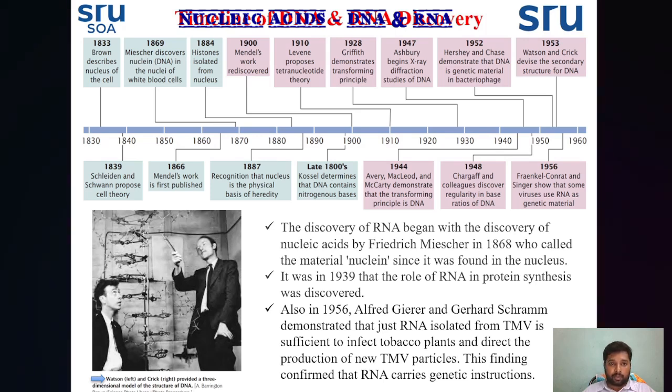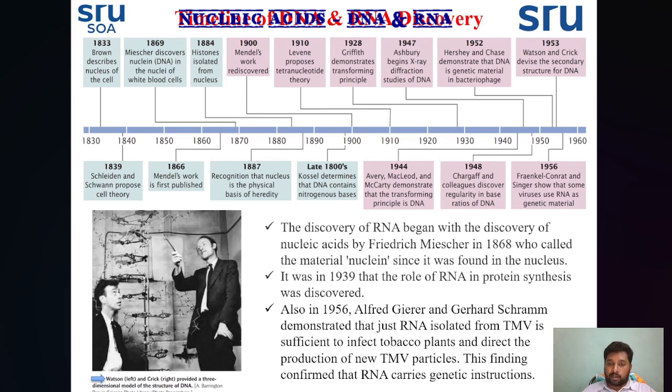Majorly, in 1869 Frederick Miescher discovers the nuclein in the nuclei of white blood cells, and then Griffith demonstrates the transforming principle in 1928, and in 1948 Chargaff and colleagues discovered the regularity in base ratios of DNA and RNA, and also in 1953 Watson and Crick devised the secondary structure of DNA.